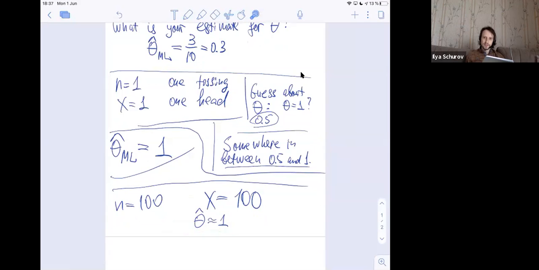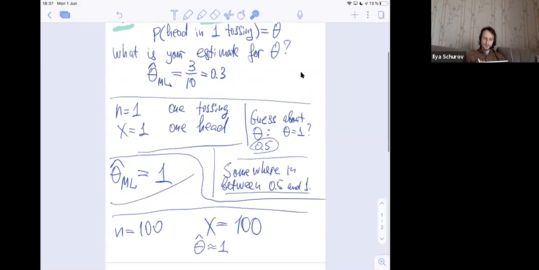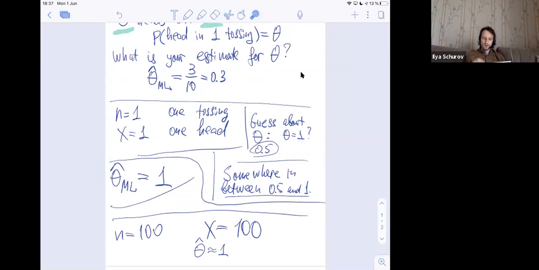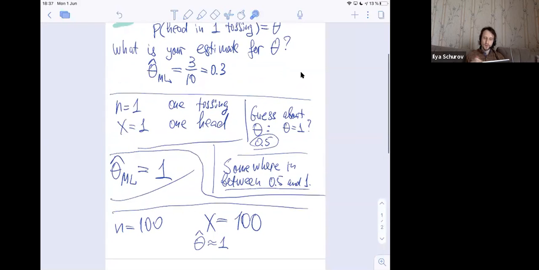In some sense it is similar to a story about hypothesis testing, but in contrast with hypothesis testing, I didn't state any null hypothesis at the beginning. I just said, we have data, give me an estimate. I didn't ask a question that can be answered yes or no. I didn't ask, is this coin fair or not?